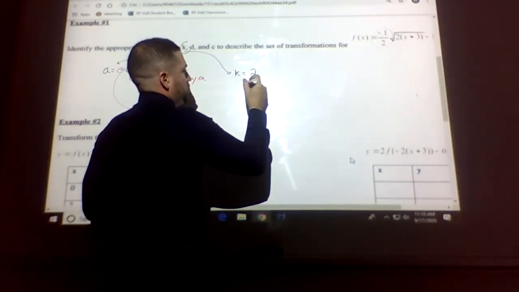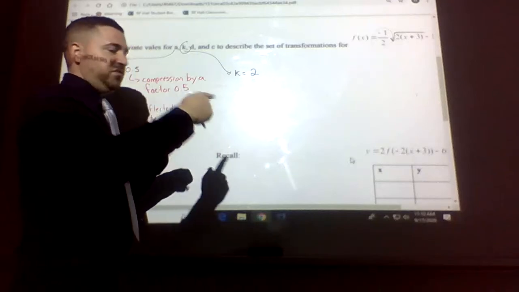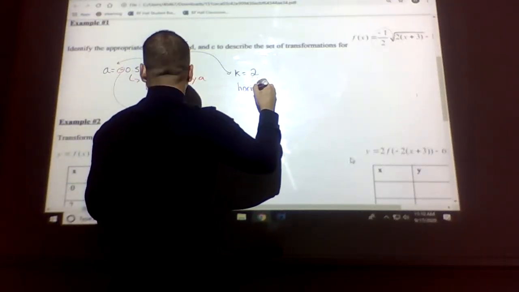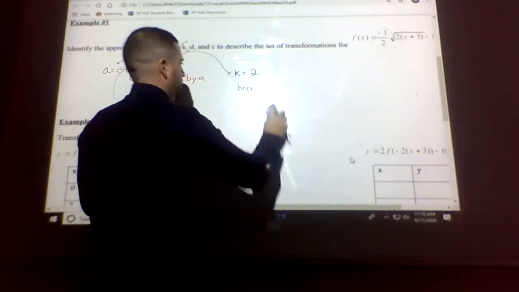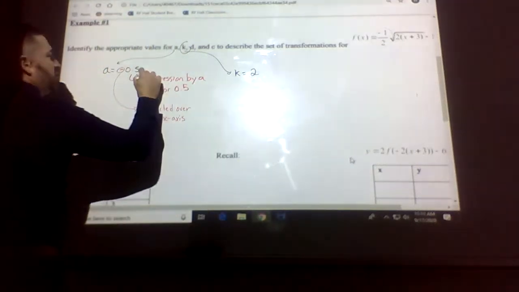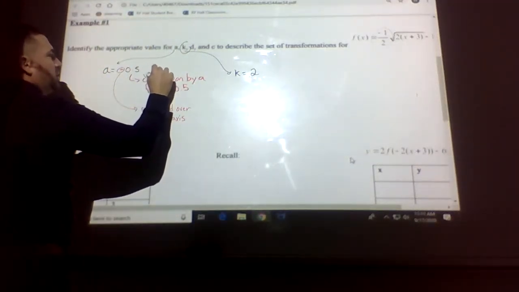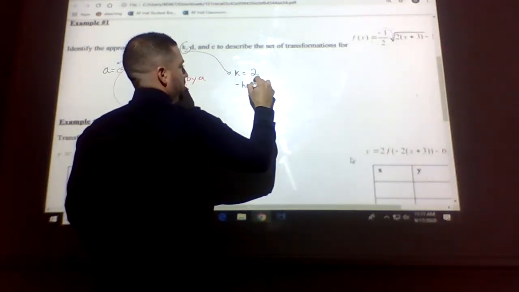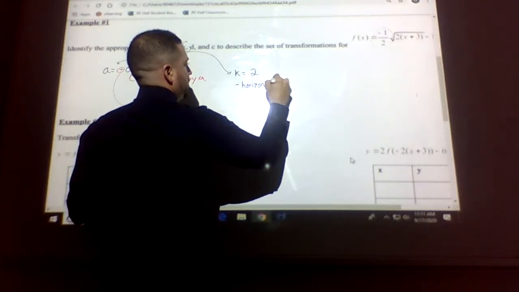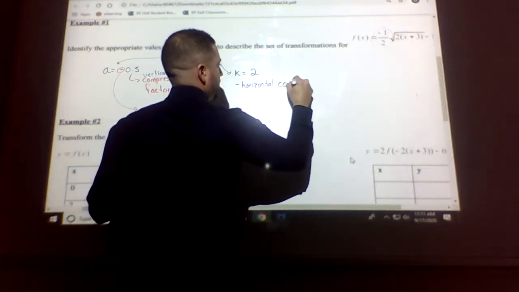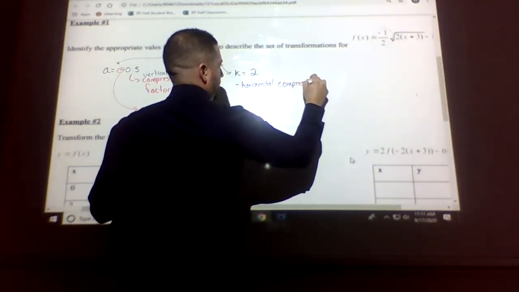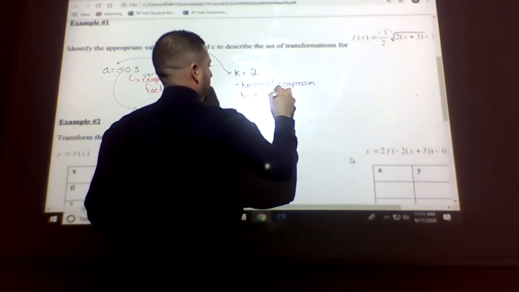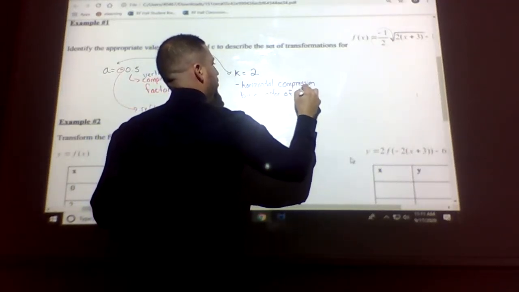But remember, it's the opposite, so we flip it. So this one is a horizontal compression by a factor of 0.5.